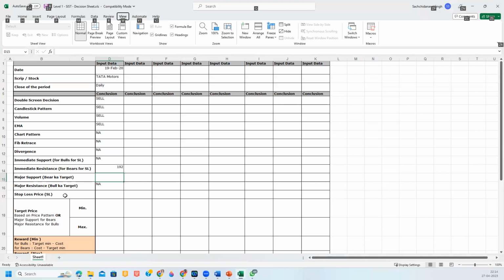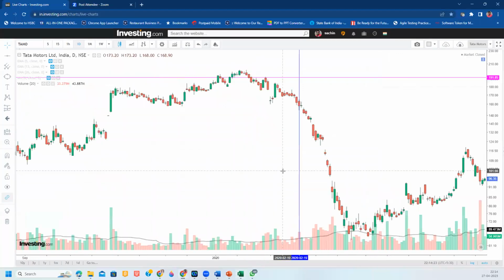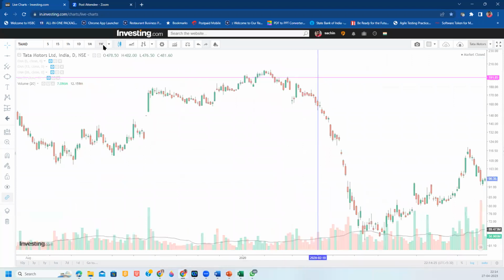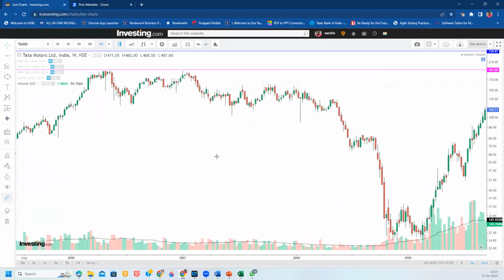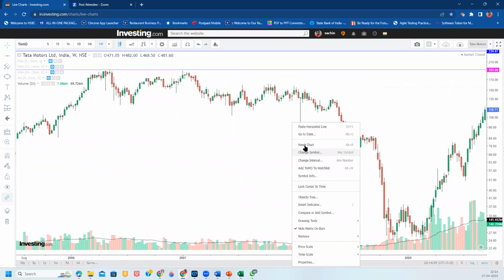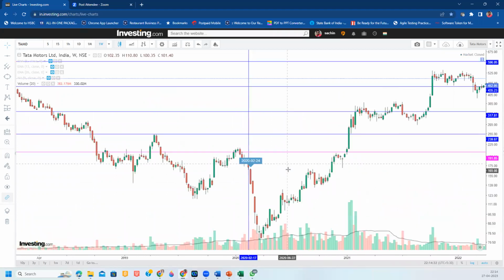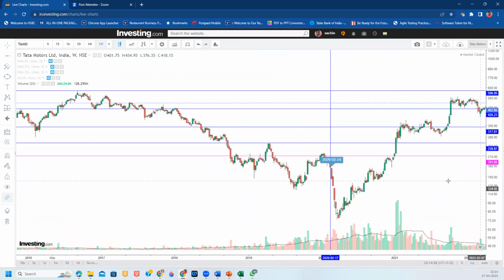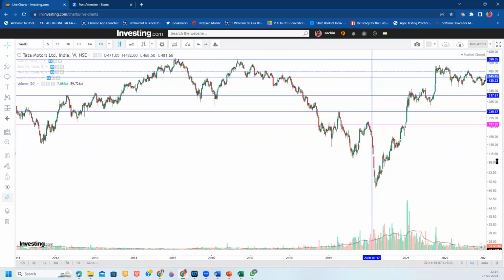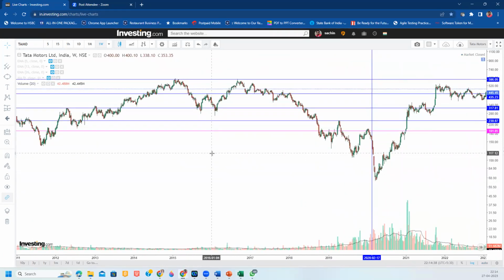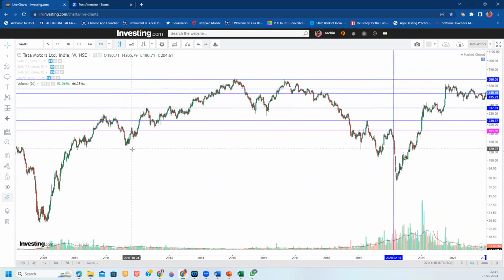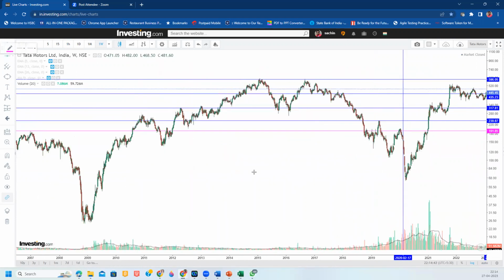So what are the immediate supports? Again, I will come back to the chart. Maybe I can go to the weekly time frame just to have a larger view of the particular stock, and then I will try to put some of the support lines as well. If you look at the historical data, maybe one support line could be this one, because in the past this stock has taken the support from here.